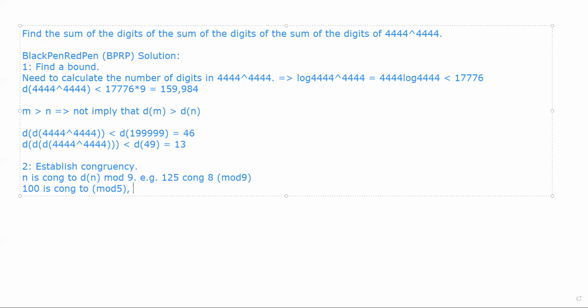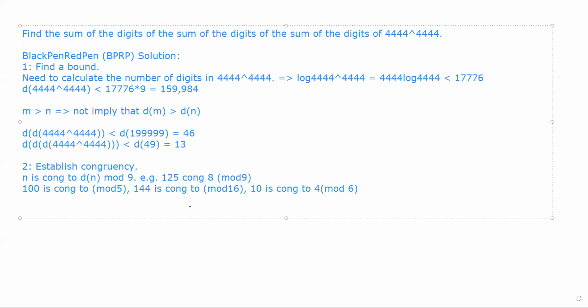And 144 is congruent to 0 mod 16, because you don't get any remainder when you divide by 16. And lastly, another example would be 10 is congruent to 4 mod 6, because when you divide 10 by 6, you get 1 with a remainder of 4. Okay, so yeah, that part's good.